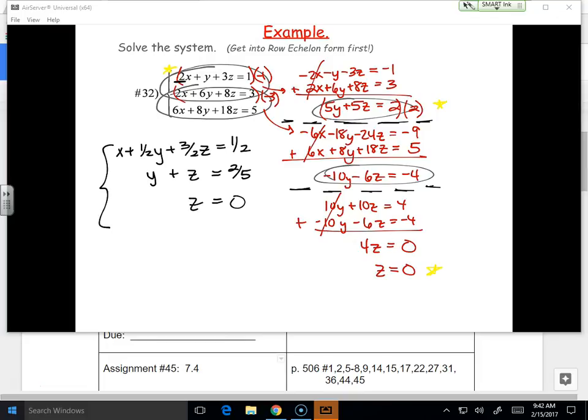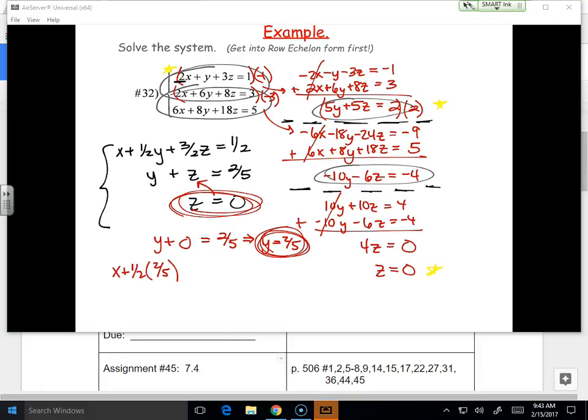So then we can go ahead and say, hey, we got a z. We can plug in. y plus 0 equals 2/5. Oh, sweet. So what does y equal? Then I can plug in: x plus 1/2 of 2/5 plus 3/2 times 0 equals 1/2.